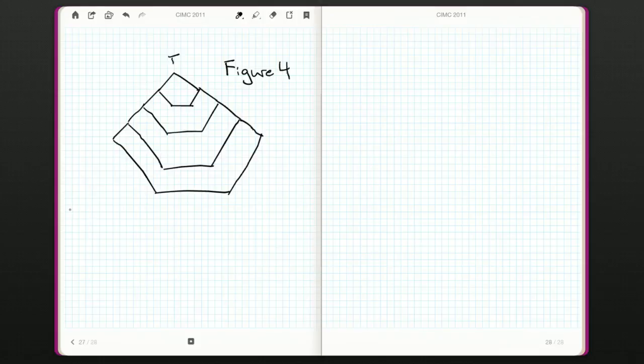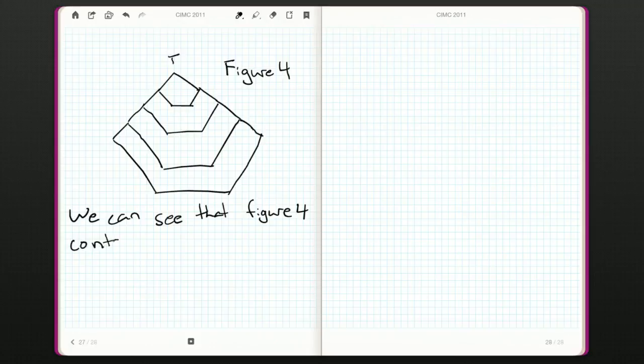As I remarked when I was talking about figure 3, we saw figure 2 was contained inside figure 3, and we can easily see that figure 4 contains figure 3.